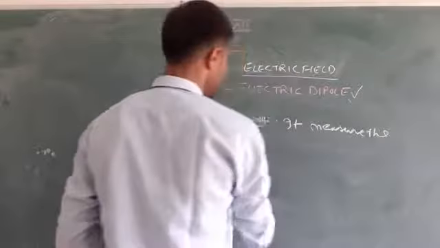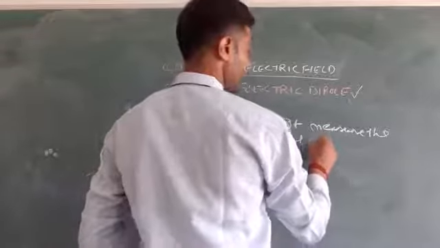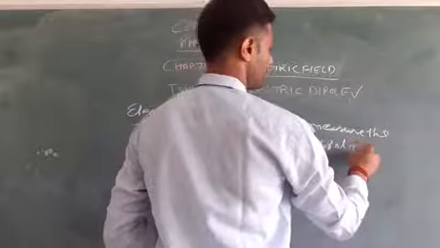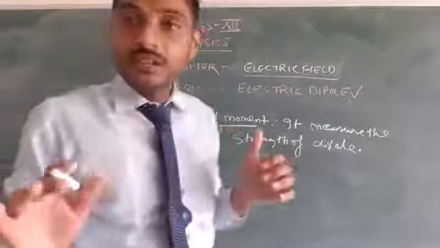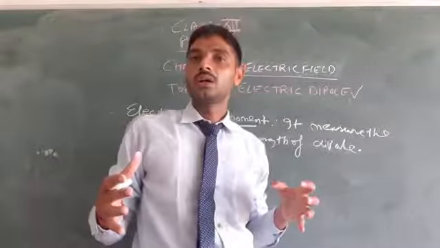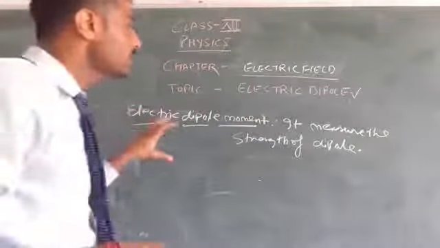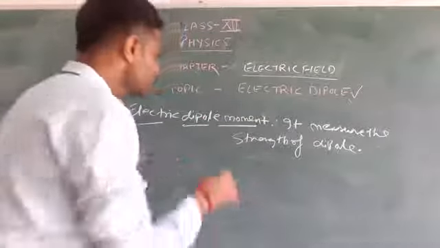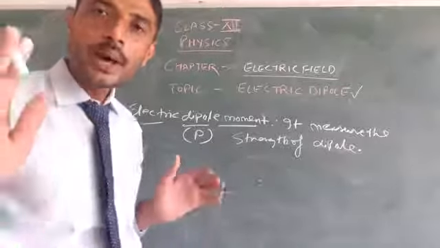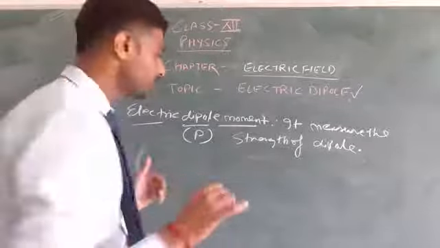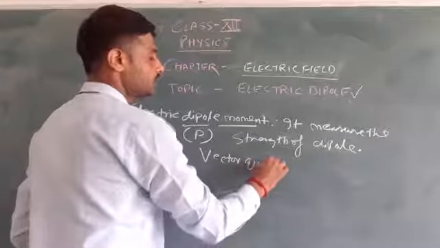The strength of a dipole is measured by the electric dipole moment. It is represented by P, and this is a vector quantity.